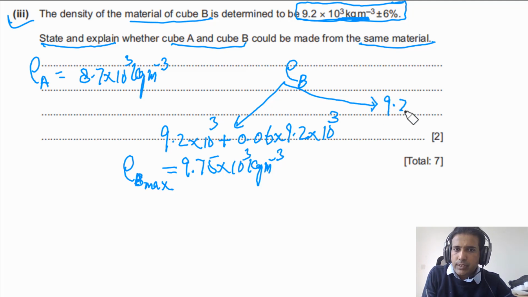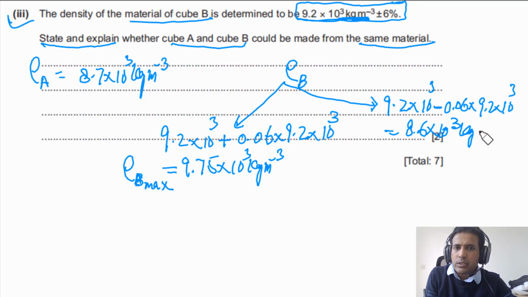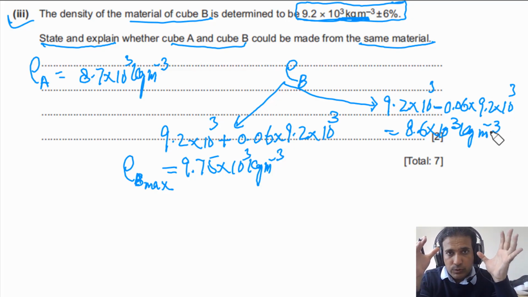We can determine 9.2 times 10 to the 3 minus, now you need to subtract 6%. This will be the minimum value. So this is 0.06 times 9.2 times 10 to the 3 kg per cubic meter. Now if we solve this, you will get 8.6 times 10 to the 3 kg per cubic meter. Now here is the main point you need to understand.